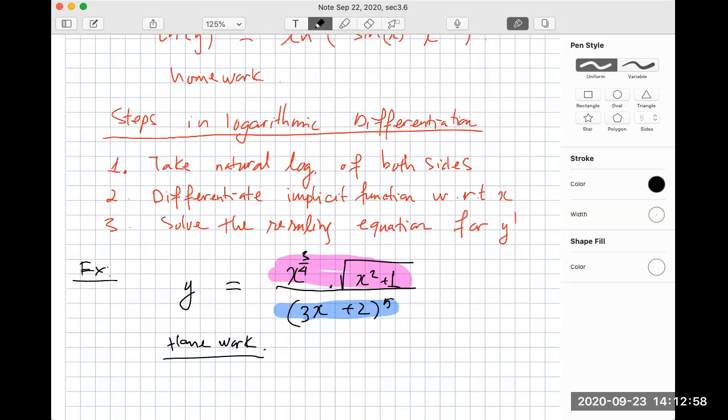So review the formula of the log function. Now, the number e, we have seen it many times, right?